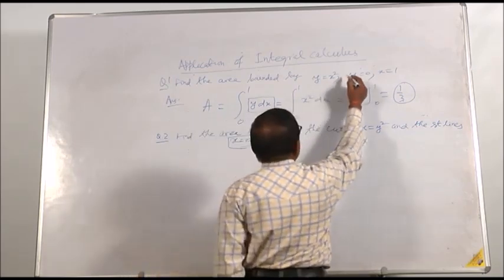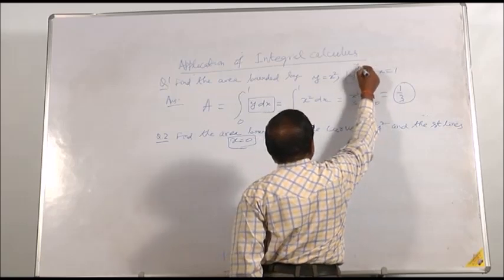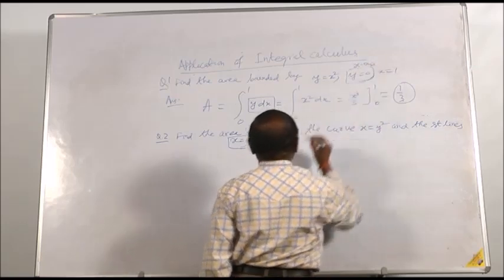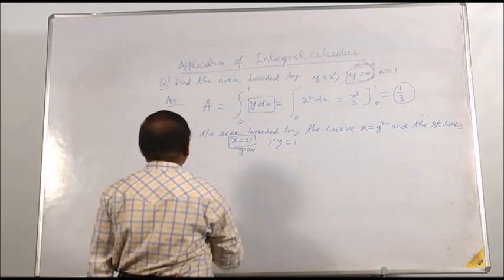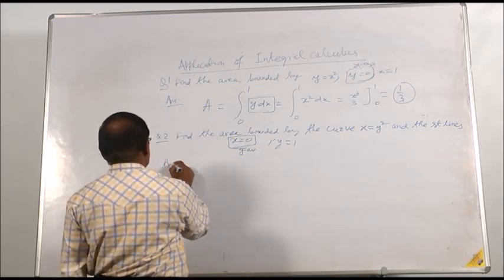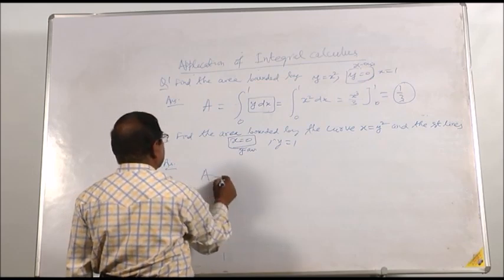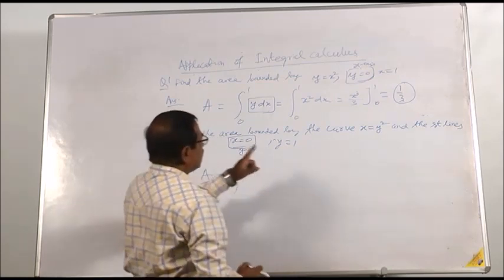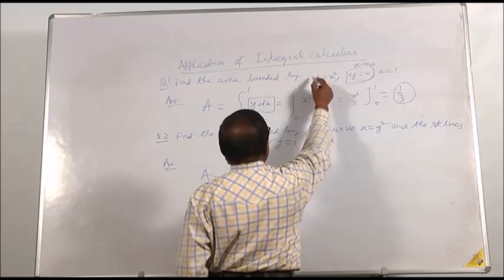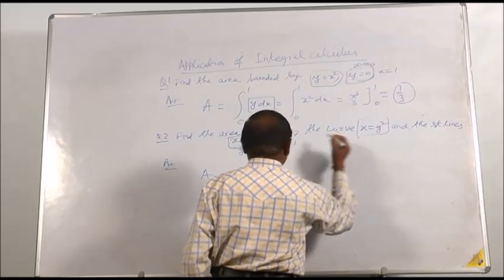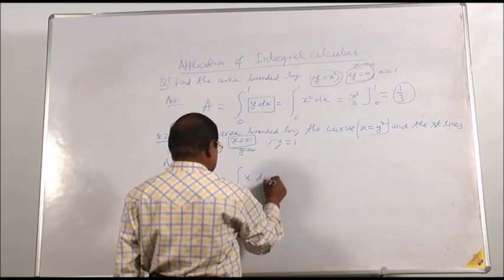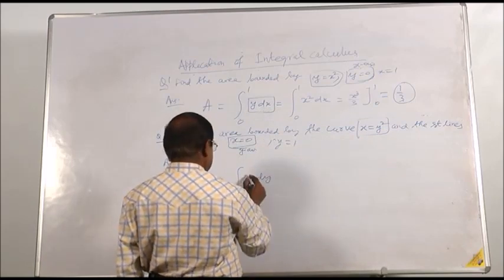Here you see in the previous question y is 0, this is the x-axis, nothing. Simply here, this is the y-axis. So you see how we will find the answer. The area is here. You see this curve, here it was y in terms of x, here it is x in terms of y. So this will be x dy, right?